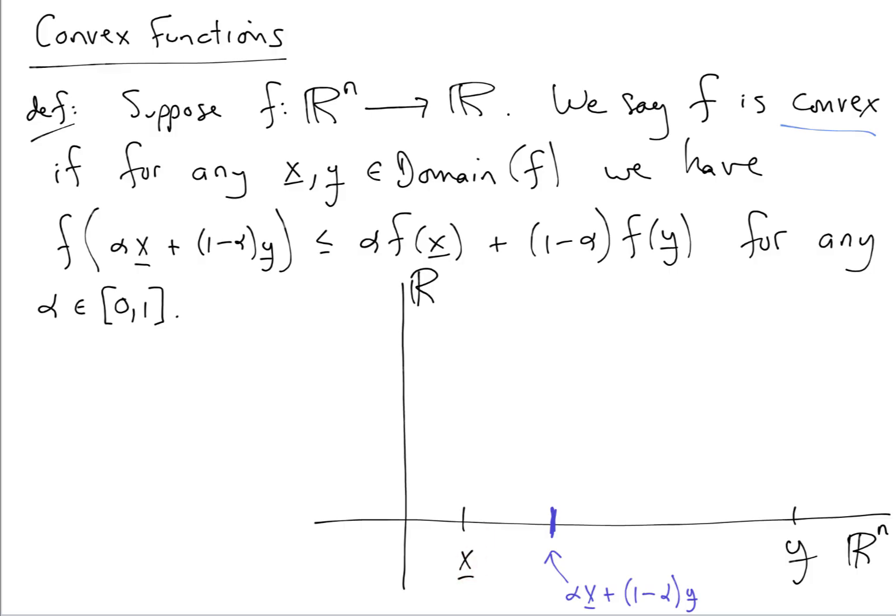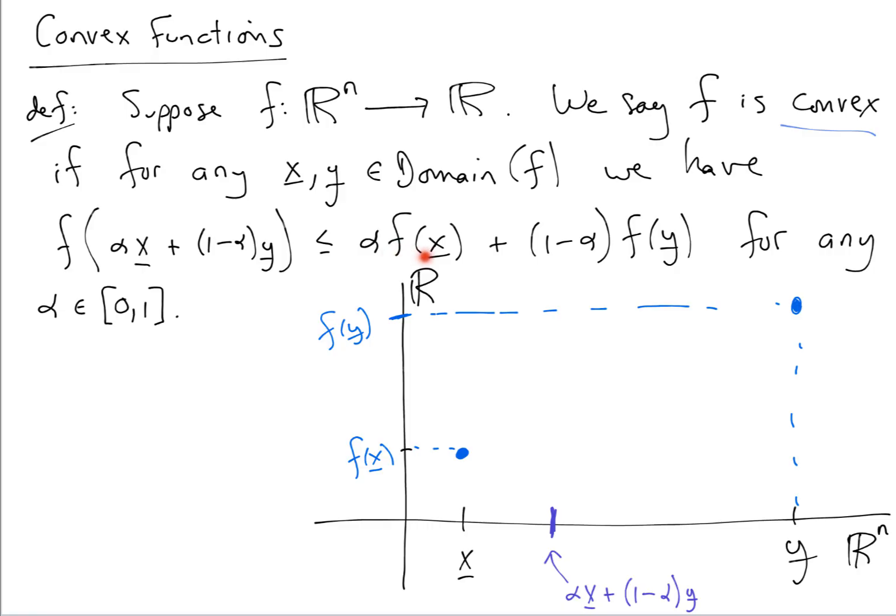Suppose when we evaluate f at x, we get something here. F of x. And suppose when we evaluate f at y, we get something, say, here. So this will be our f of y. And let's now think about what we have on the right-hand side of the inequality.